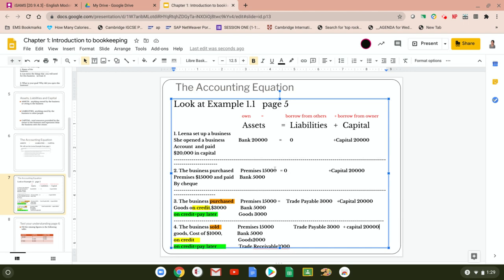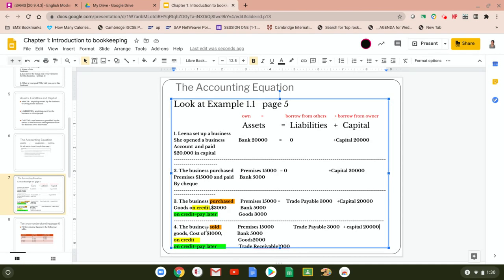The second day, 20 on the left, 20 on the right, although the breakdown now changed because you bought the building or the premises. On the third day, you now have three items here. You have your building, your bank, and then you purchase some goods or products, but you told your supplier that you will pay later. So it becomes a liability, and your capital there is fixed at 20,000.